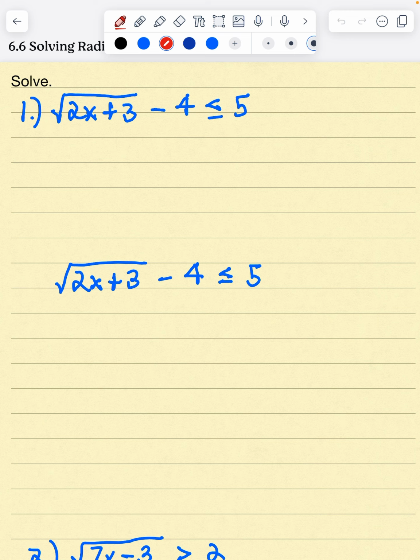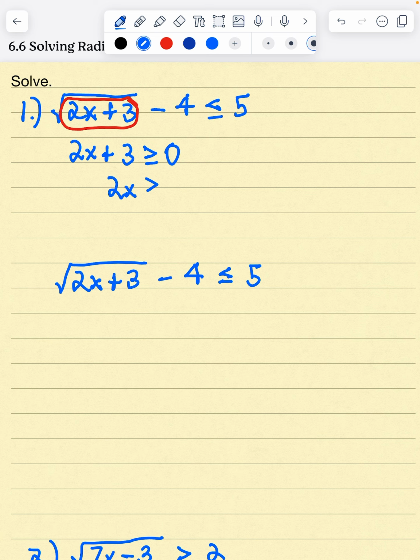So in number 1, we have a square root, and our radicand is 2x plus 3. First I'm going to find the values that make this a valid square root. We know we have to take the square root of a non-negative, so I'm setting 2x plus 3 greater than or equal to 0.